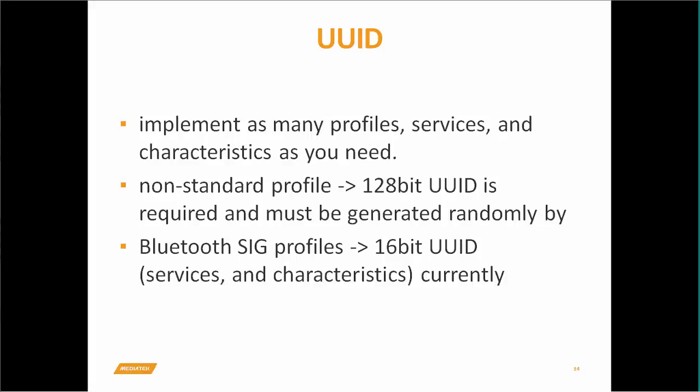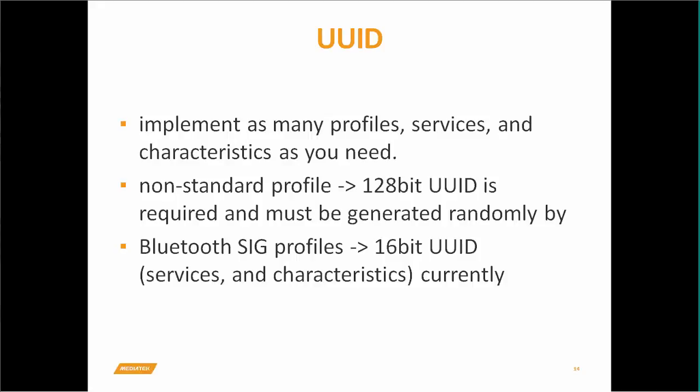You can also use the standardized unique identifiers. They are 16 bits long, and they are standardized by the Bluetooth Special Interest Group. They define these services and characteristics to make devices compatible with each other. So if you want to create a heart rate monitor, there are plenty of other heart rate monitors out there and devices that can read them.